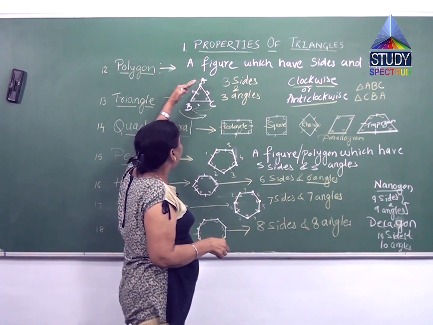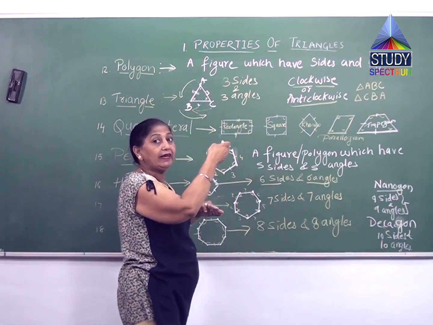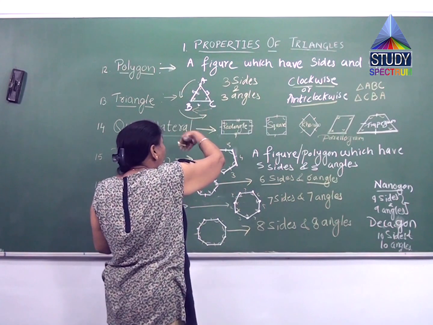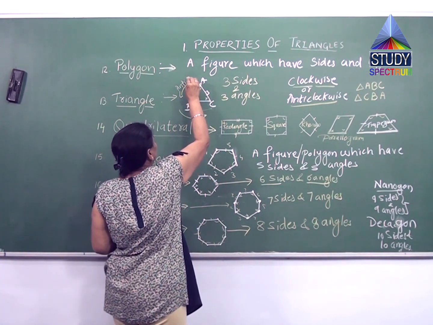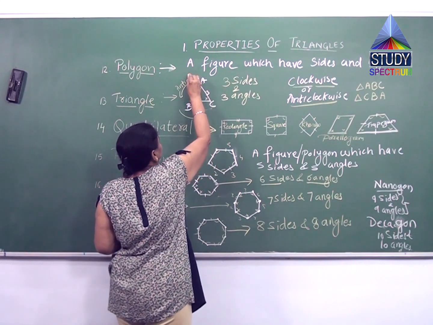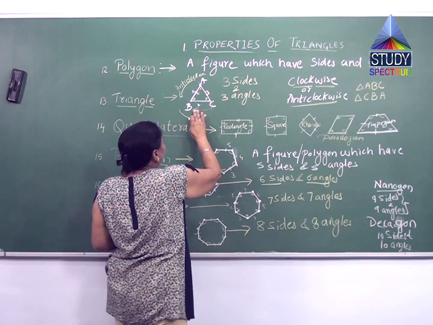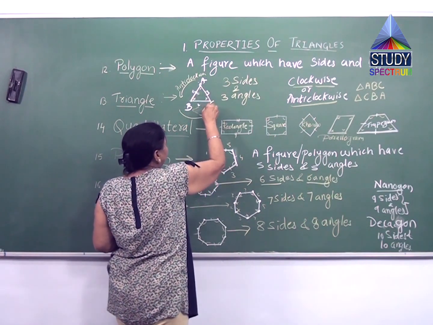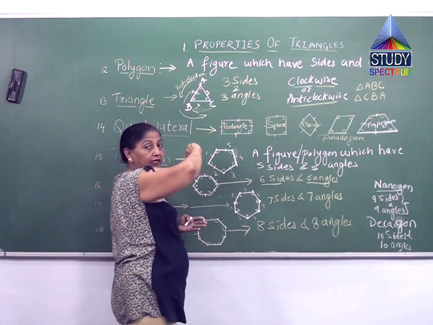Sorry, A, B, C: when I am moving this side, you can see the arrow is going anti-clockwise. That is A, B and C. And when I move from this side, it is moving with the needle, the way the clock moves.